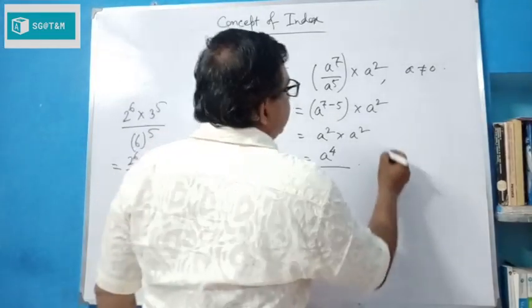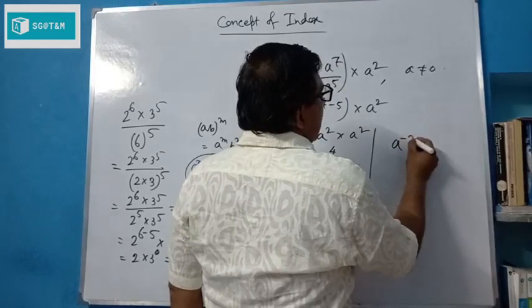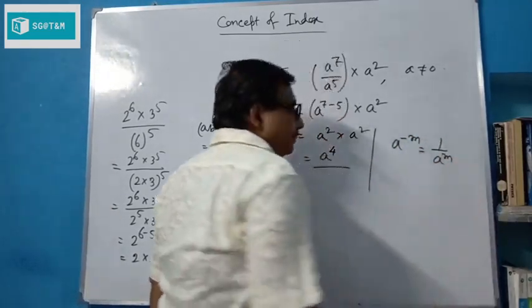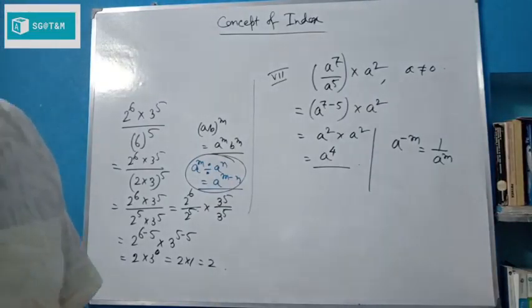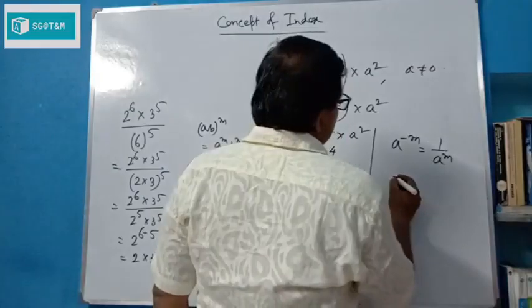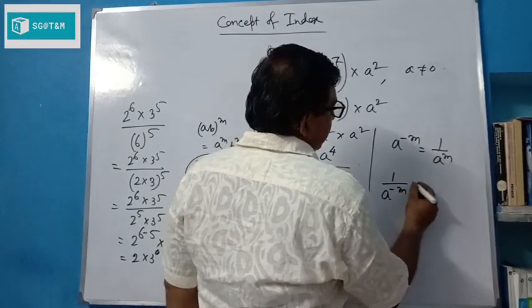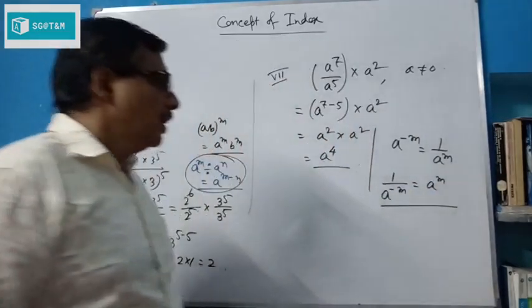Another thing you may remember, a to the power minus m is equal to 1 by a to the power m. Or another way you can remember also this, a to the power minus m, that is equals to a to the power n.